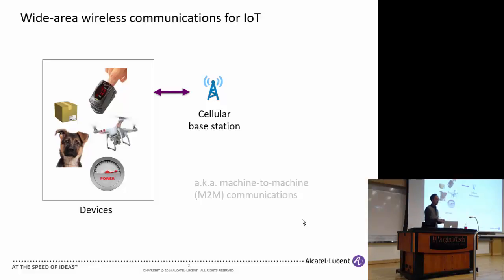For tracking objects, you might not be near any smartphones or access points. Similarly, for say drone control, you want to send a command to your drone. A cell phone tower might be the best way to access that. And then for remote reading of power meters, you want to do this in a wide area way in order to reduce the cost of deploying other infrastructure.